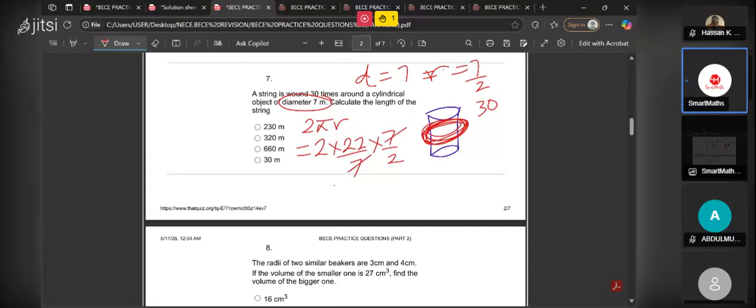So 7 cancels 7, 2 cancels 2. That means we have 22 as the circumference of that circle. Now, since it's wound 30 times, we multiply by 30, and that gives us 660 centimeters.